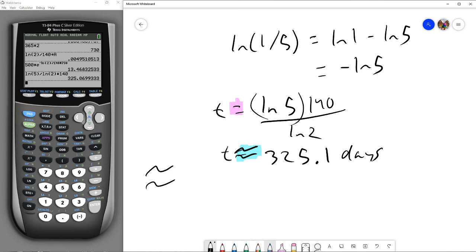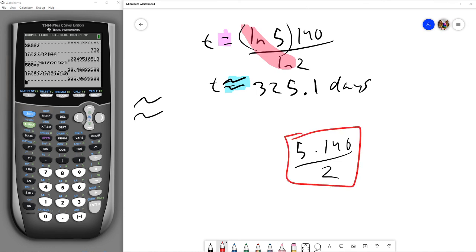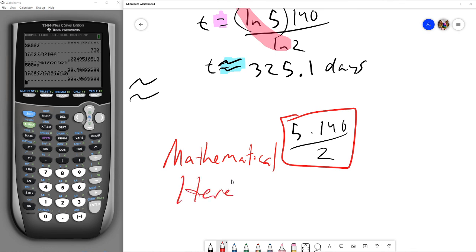Now, one thing I do need to note, I have seen students who look at this natural log thing here, and then they think, oh, hey, I can cancel out those natural logs and get 5 times 140 over 2. We have a word for this in mathematics. It's a very precise technical term, and it is called mathematical heresy.